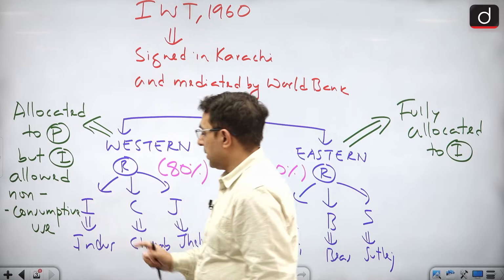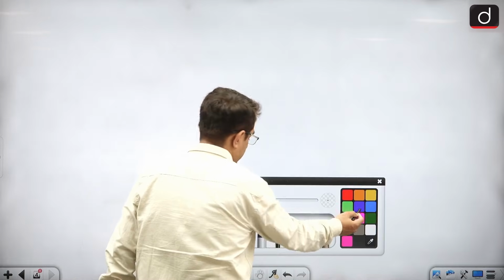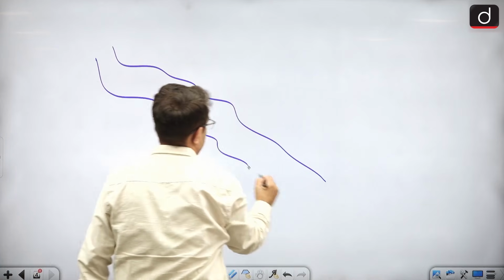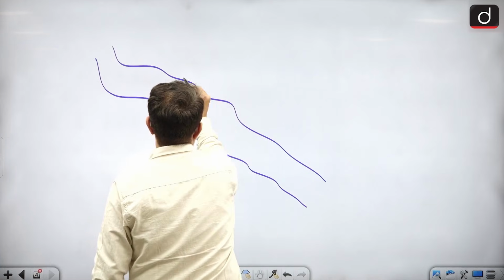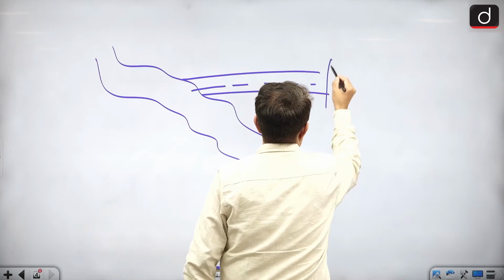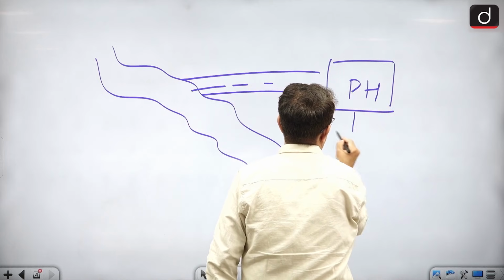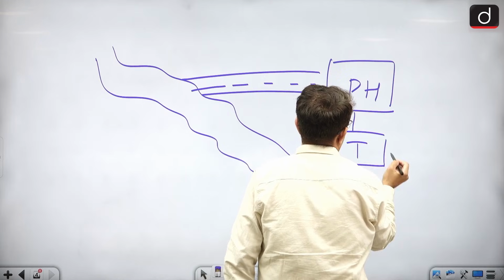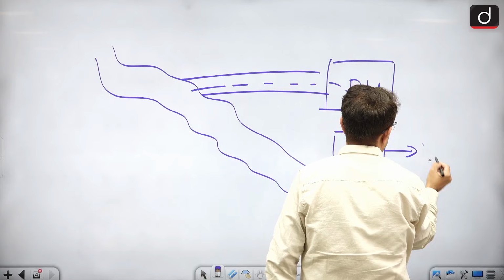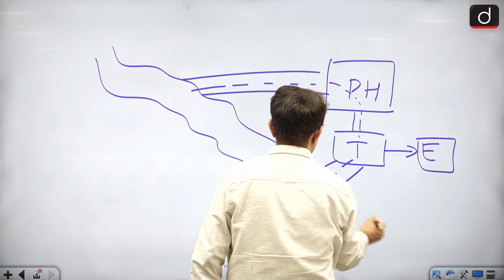Also, India is allowed to make run-of-the-river hydroelectric projects. That is, for example, this river is flowing, it's a western river. What India can do, India can divert the water, and then India can make a powerhouse here, then have a turbine here, make the water flow fall on the turbine, generate electricity, and then divert the water back to the river.